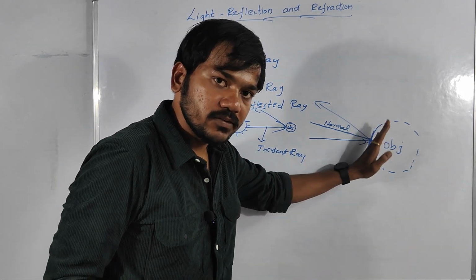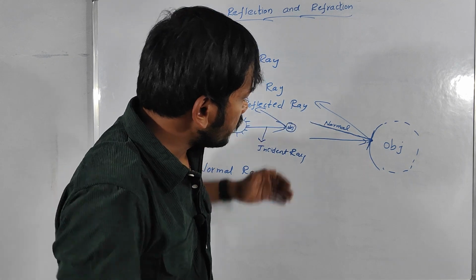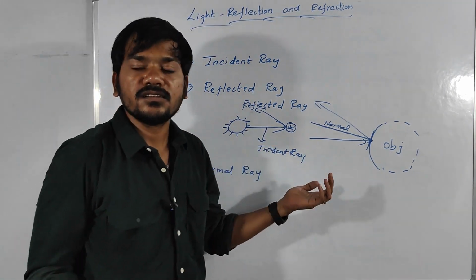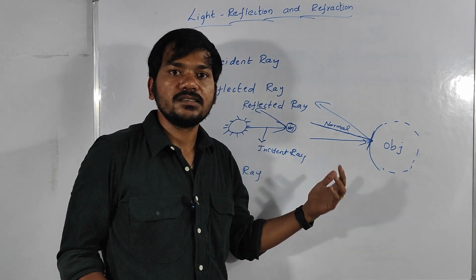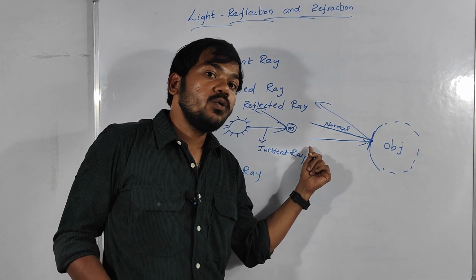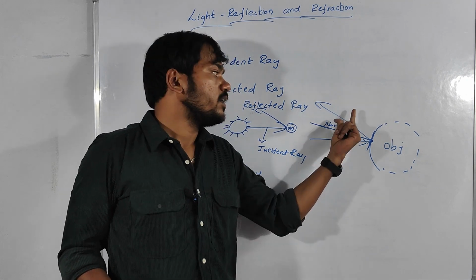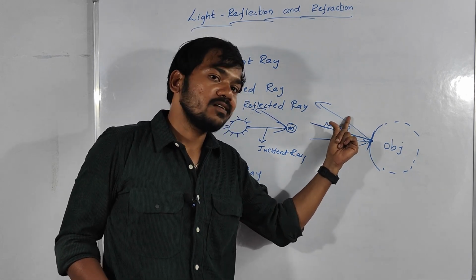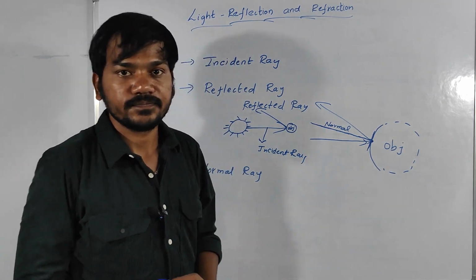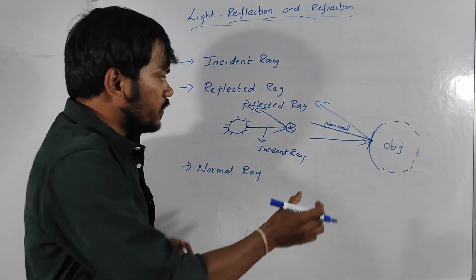Why do we consider this normal? Because it stands as a reference for how the reflected ray is behaving with respect to the incident ray. Clear now? Why is normal necessary?